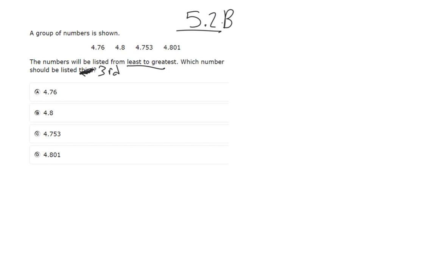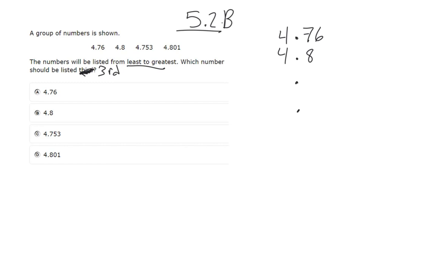Like I said, I line up my decimals. I'm going to do 4 decimals here, and then I just write down my numbers. First, 4 and 76 hundredths. My next one is 4 and 8 tenths.